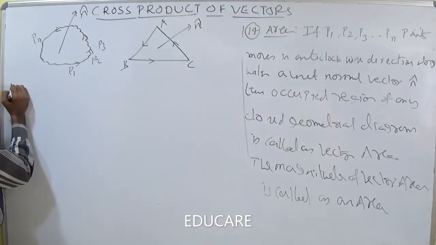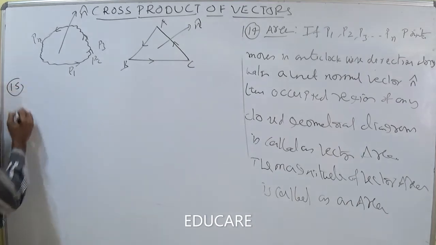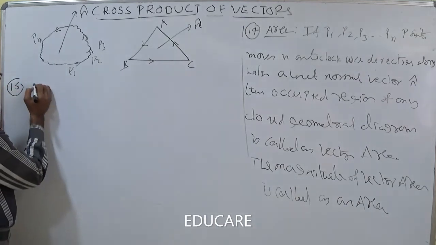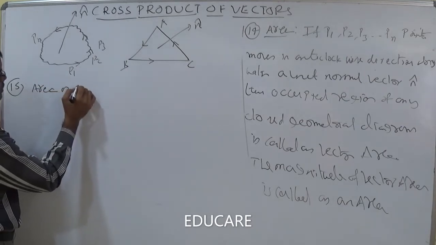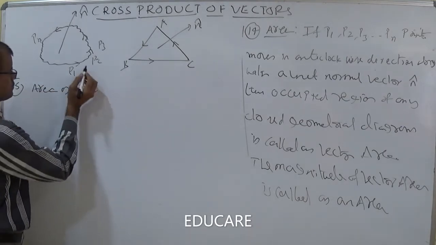So we can now discuss the formulas for the area of a triangle.